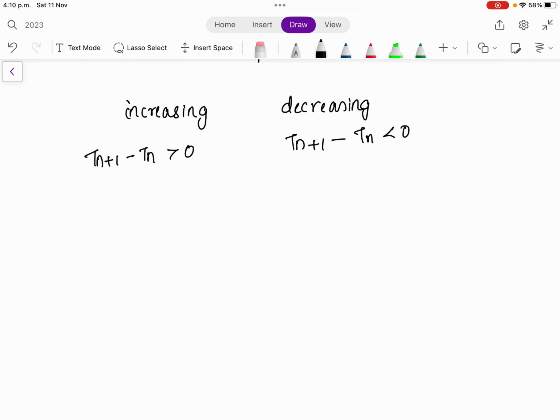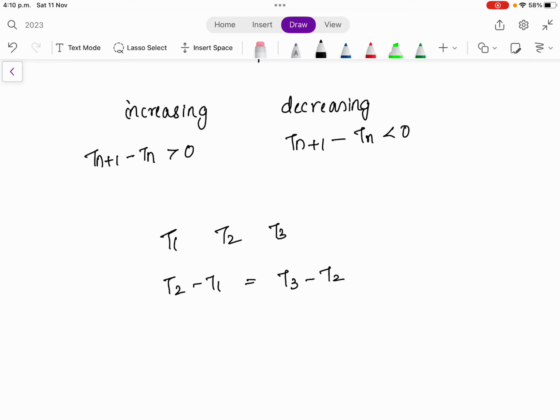And how will you find that a particular series is an arithmetic series? To find whether it is an arithmetic series, you take two or maybe three consecutive numbers, T1, T2 and T3. Then T2 minus T1, the common difference, should be equal to T3 minus T2.